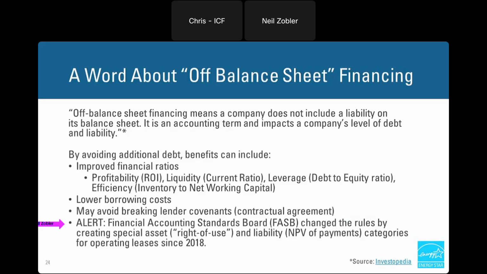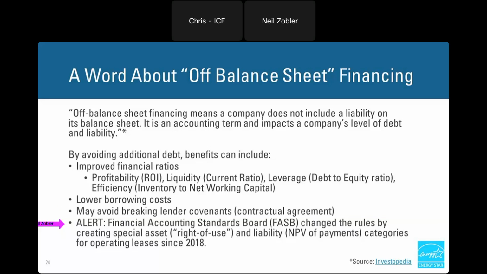However, alert, the Financial Accounting Standards Board, FASB, changed the rules by creating a special asset class they called right of use and liability, which is a net present value of the payments. So it used to be that operating leases, for example, were considered off balance sheet, and that created a whole bunch of challenges for people who are reading financial statements.